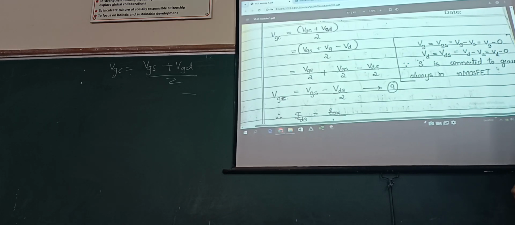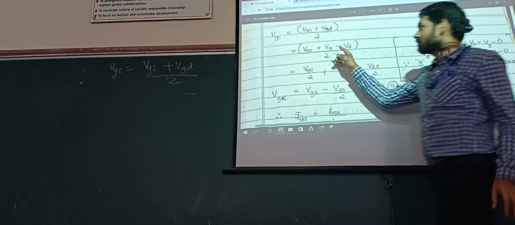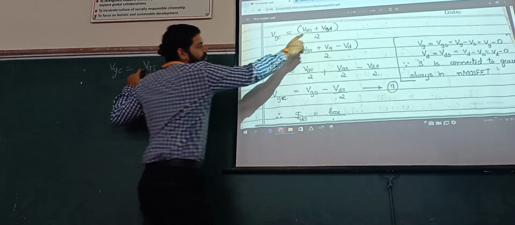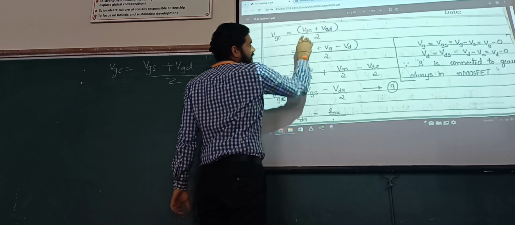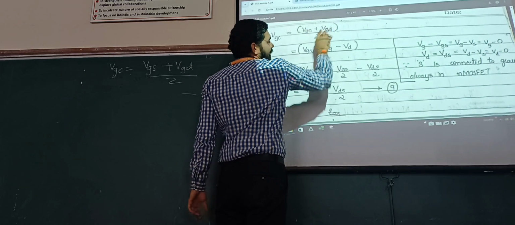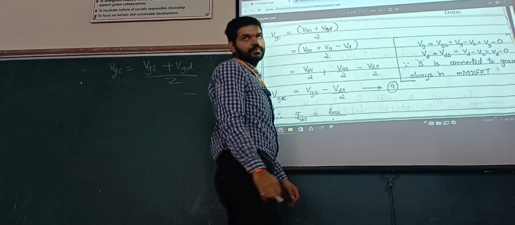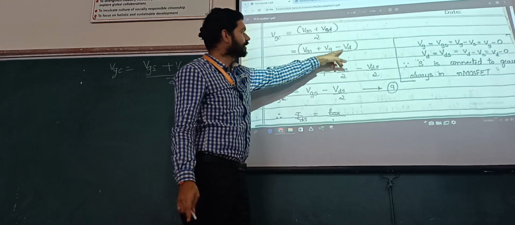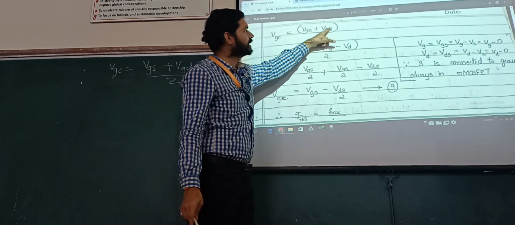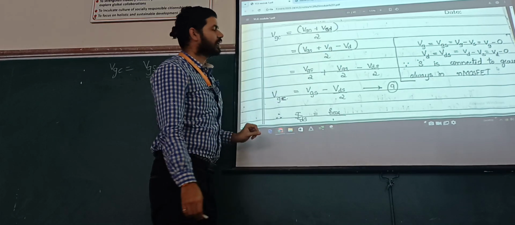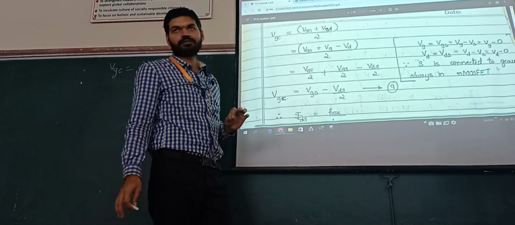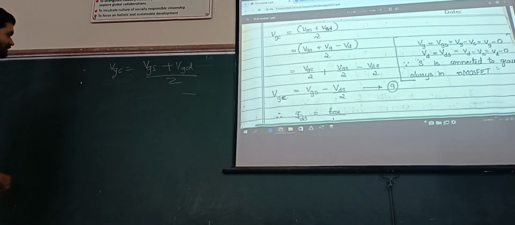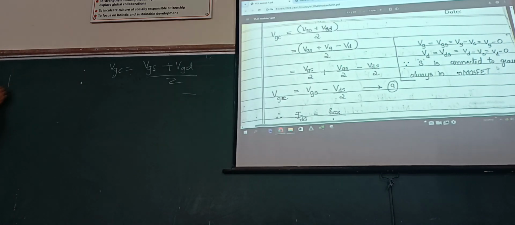Fine. Now you split this. VGS plus VGD by 2, we know. VGS, keep it as it is. VGD, you split it: VG minus VD, whole divided by 2. I am just splitting this VGD. And actually, what is VG? VG is the gate voltage.